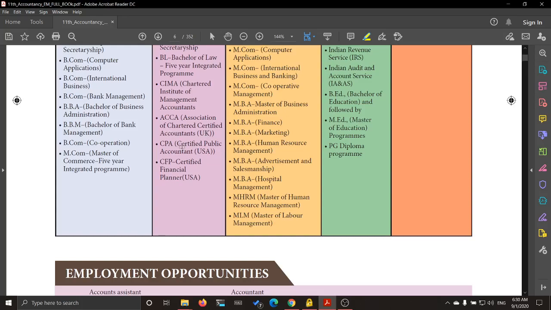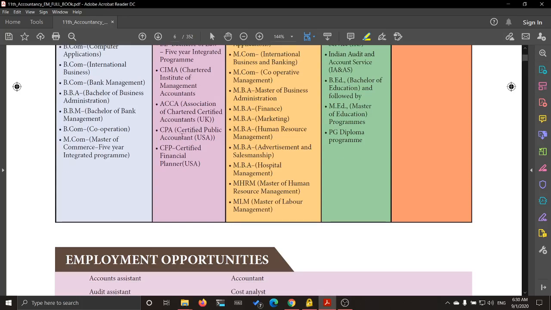Then you have Certified Public Accountant, CPA. This is a course where the certification is given by the United States of America. You can learn this course also, but these are all advanced courses. And then you have CFP, the Certified Financial Planners. This is also offered by the United States of America.